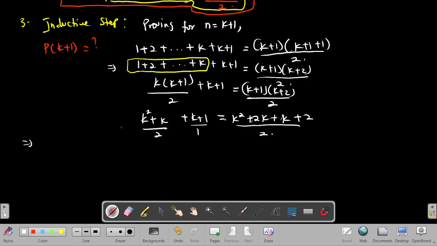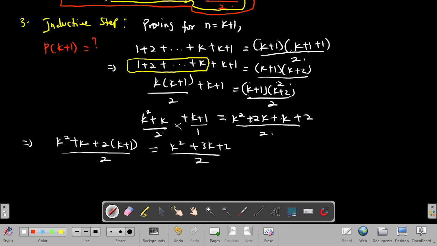We cross multiply. I'm going to have k squared plus k, right? Then I'll have plus 2 multiplying k plus 1, because this is cross multiply, okay? All over 2. It gives us k squared plus 3k plus 2 over 2. That is this. Let's further simplify here.